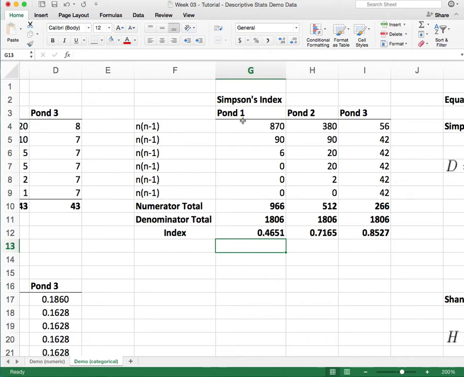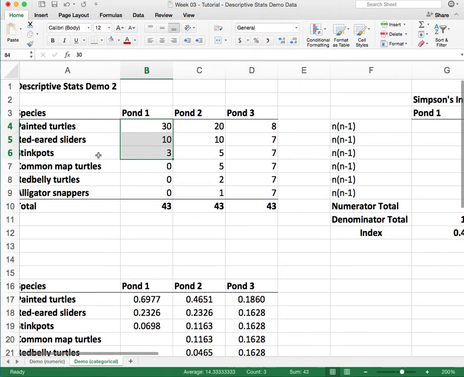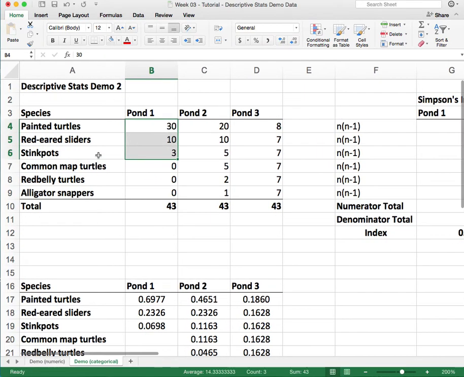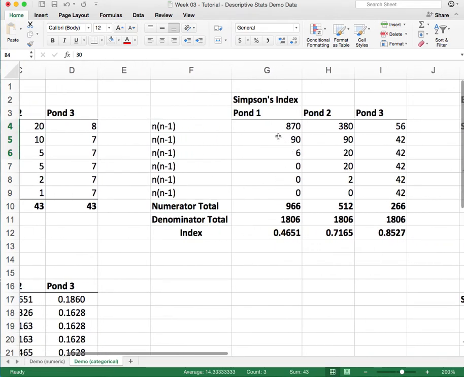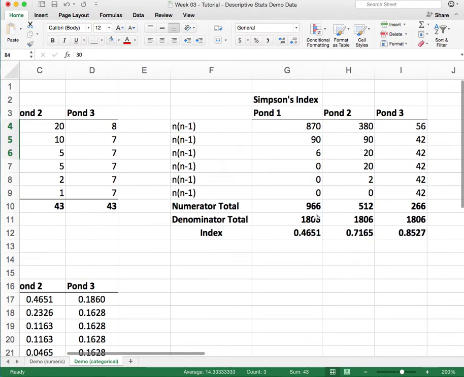So if we look here, pond 1, remember pond 1 only had 3 species. Only had painted turtles, red-eared sliders, and stinkpots. And they also weren't incredibly evenly distributed either. And we have an index value of 0.4651.